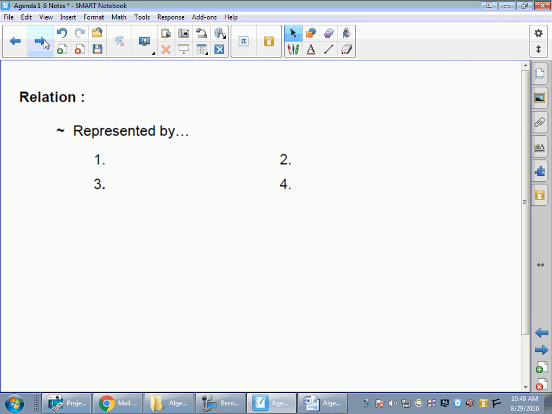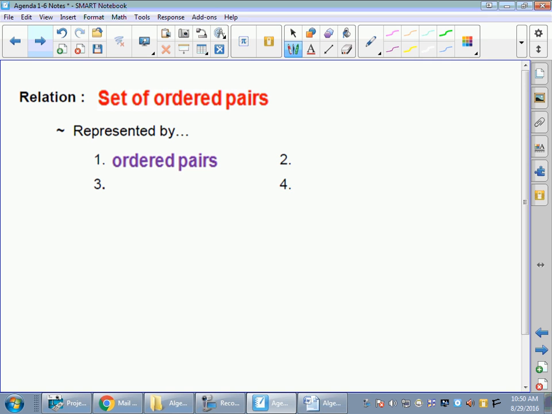So a relation, this is actually super easy. It looks intimidating at first, but a relation is a set of ordered pairs. So I could give you 10 different ordered pairs, and we can represent them 4 different ways. We could keep them as ordered pairs, like 4, 5.